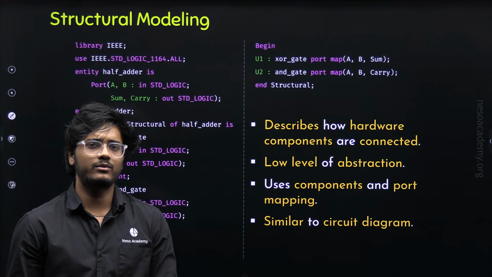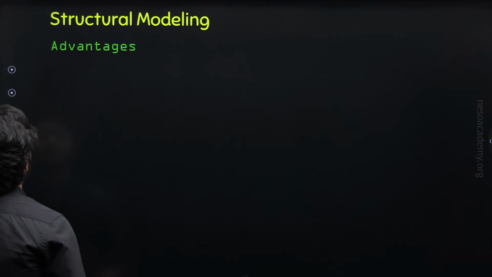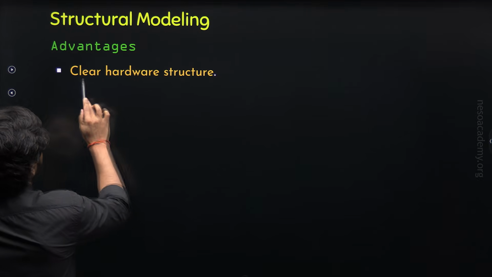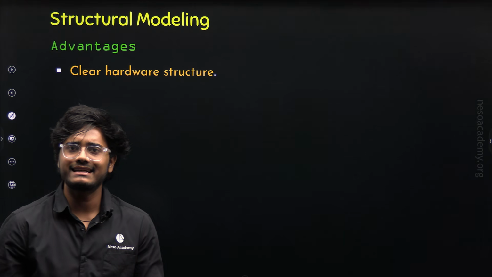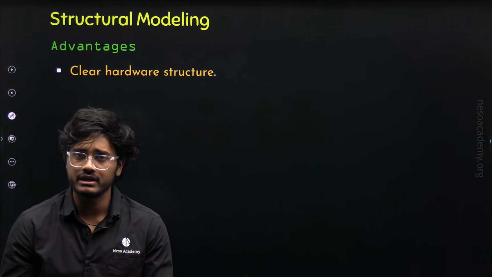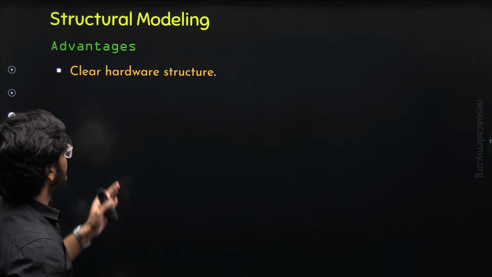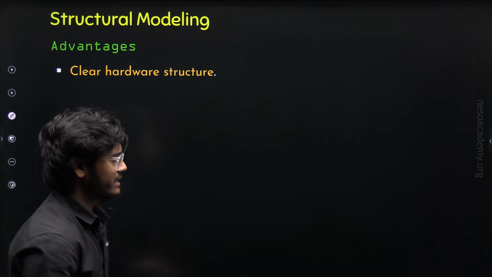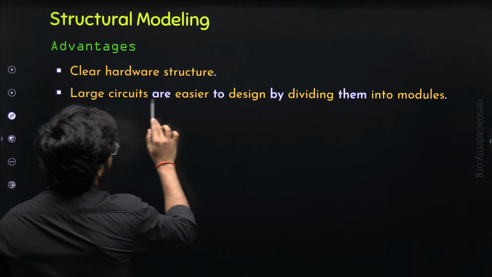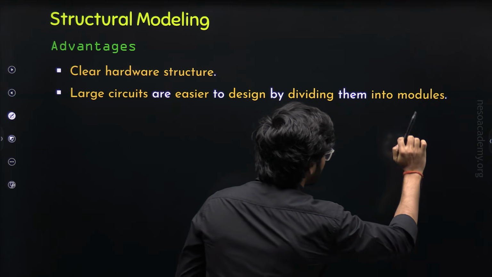Now, let's see a few advantages and disadvantages of structural modeling. Starting with advantages. The first advantage is clear hardware structure. Using structural modeling, we can clearly see each and every component and their interconnections. Second advantage, large circuits are easier to design by dividing them into modules.